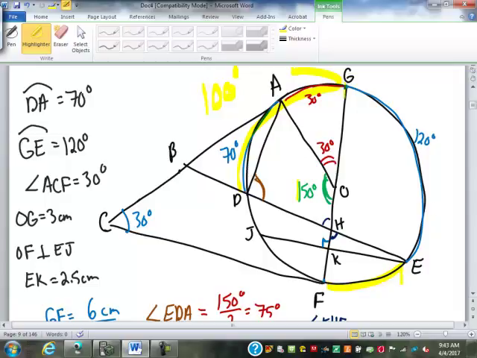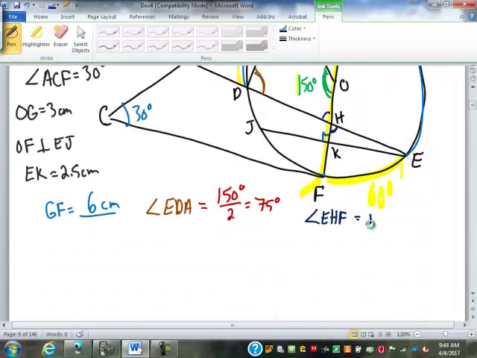Well, this is a diameter, right? So that side has to be 180. So that's 180 minus 120, that's 60 degrees. So what we have is that angle intercepts an arc, it's an average of 100 to 160. 100 plus 60 divided by 2 is going to be 80 degrees.